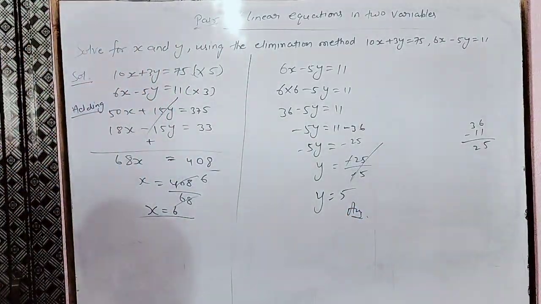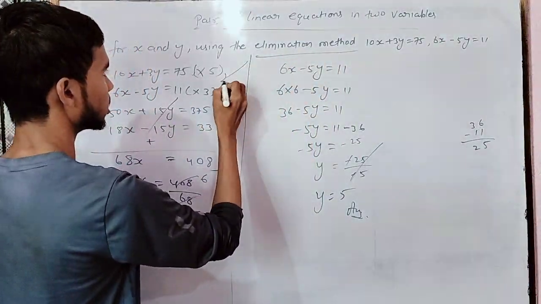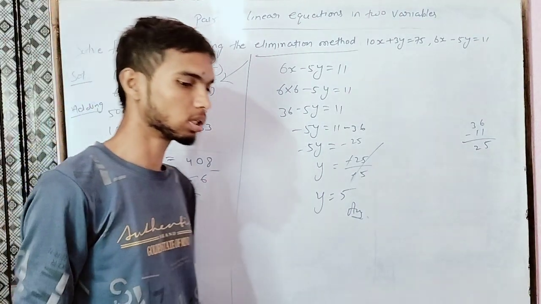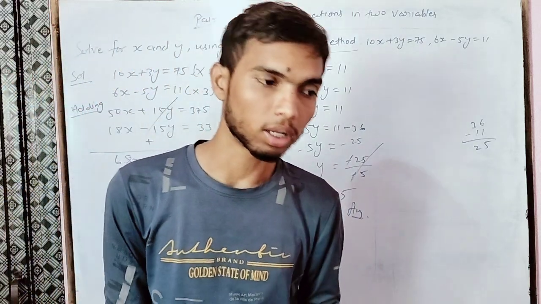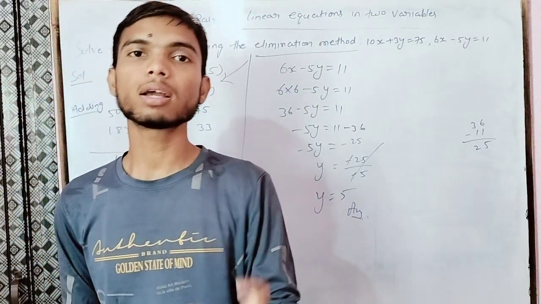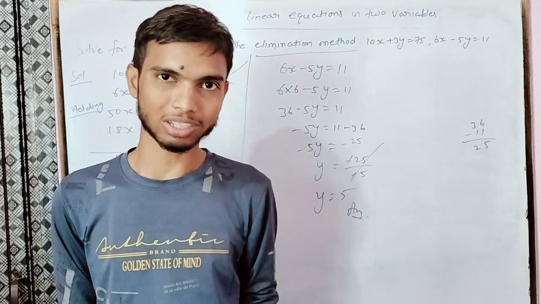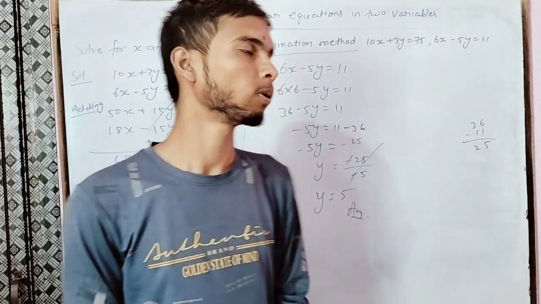Now, we have applied the elimination method here. So what is the meaning of elimination method? We multiply both sides of the linear equation to make a pair of a variable equal to each other, so that we can get the value of one variable.